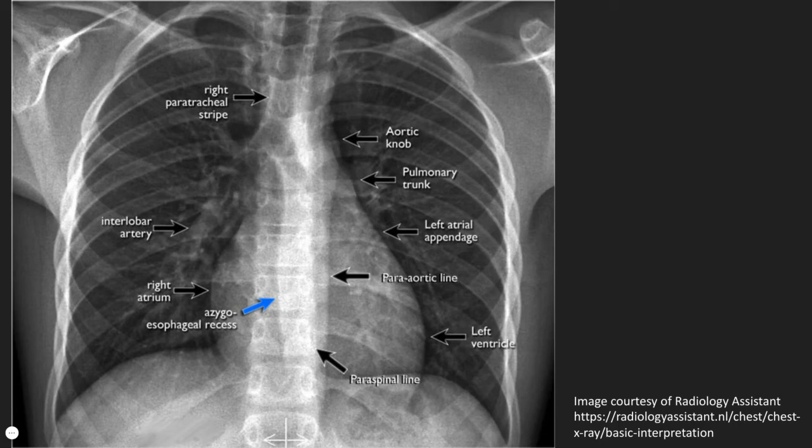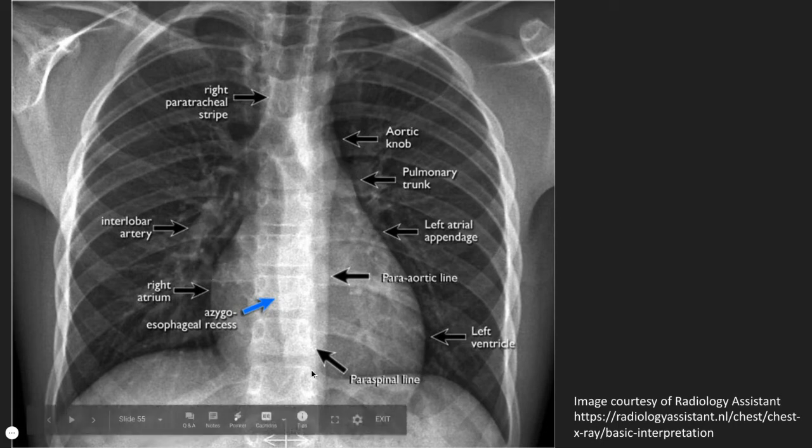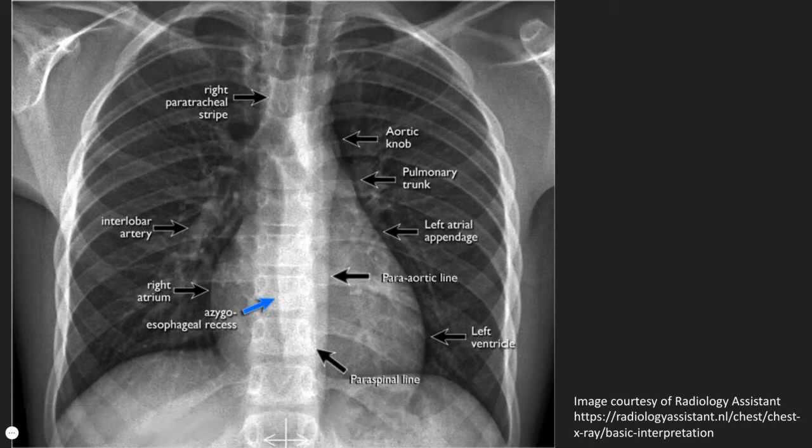If there is widening of the paratracheal stripes, it's often a suggestion that there is mass or lymphadenopathy. The paraspinal lines are also present on both sides, left and right, and if widened, is likely to suggest a mass or collection adjacent to the spine. Remember that the right ventricle sits atop the crus of the diaphragm and does not contribute to the normal cardiac silhouette.